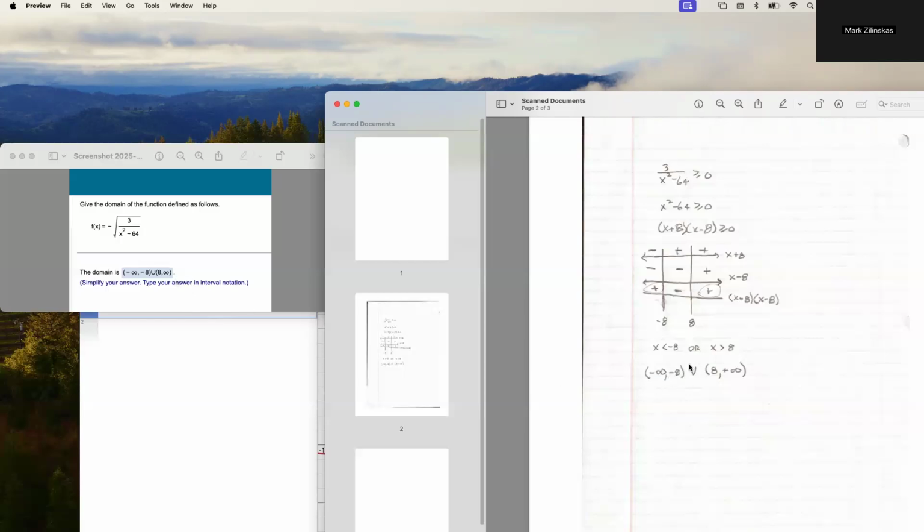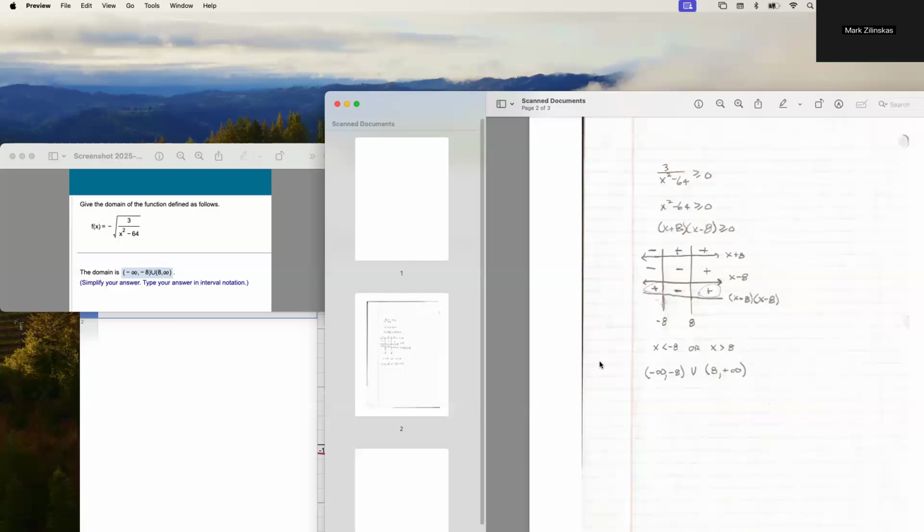The U represents the word or, that's just a mathematical symbol for the word or. And so I went over the interval notation in that first video for the overview of the course. So here's how I write x less than -8. Here's how I write x greater than 8, and I connect them with the U.